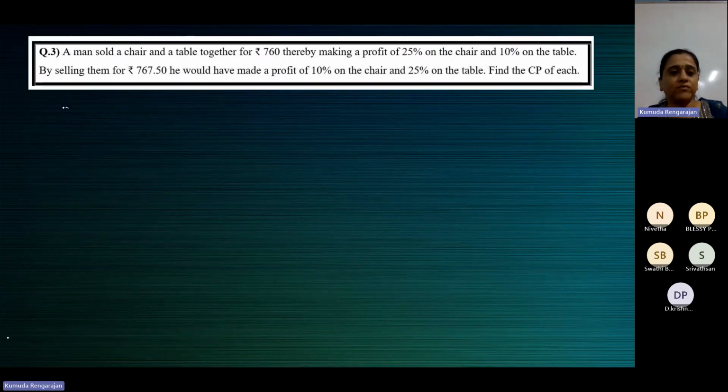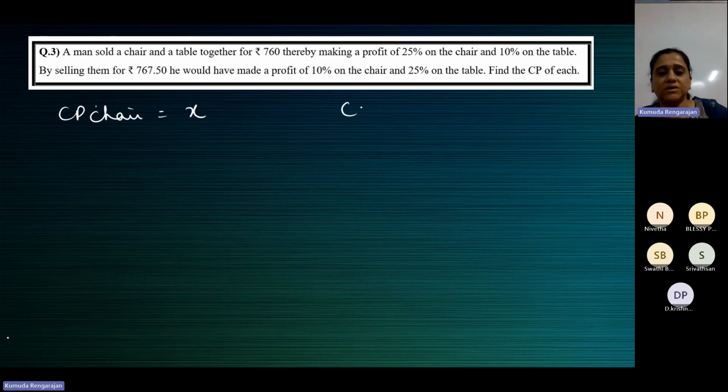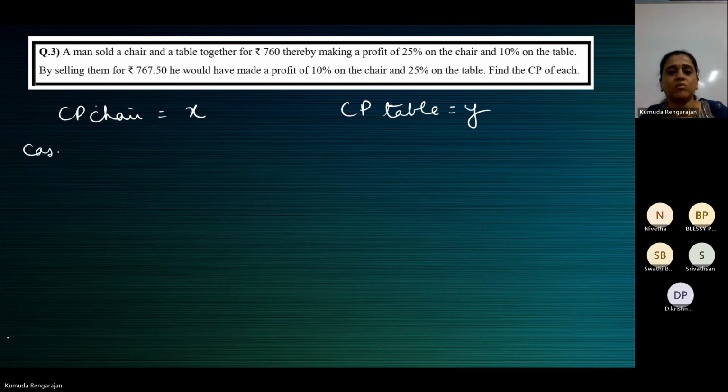So CP of chair, X. CP of table, Y. What's the profit percentage in the first case? Case 1. Chair, 25% profit. Then table, 10% profit. What is 760? Is it the profit margin or is it the selling prices together?